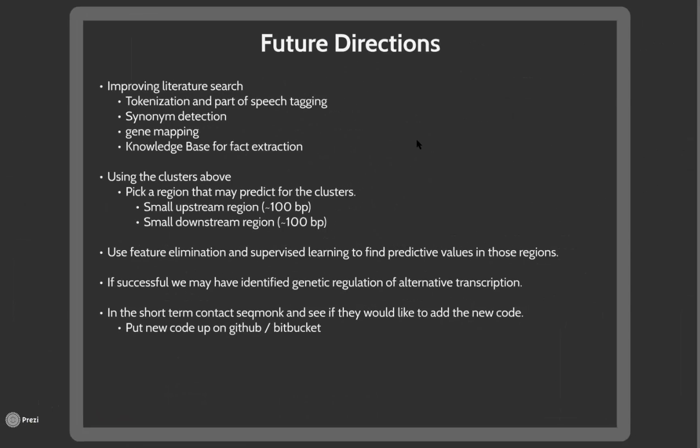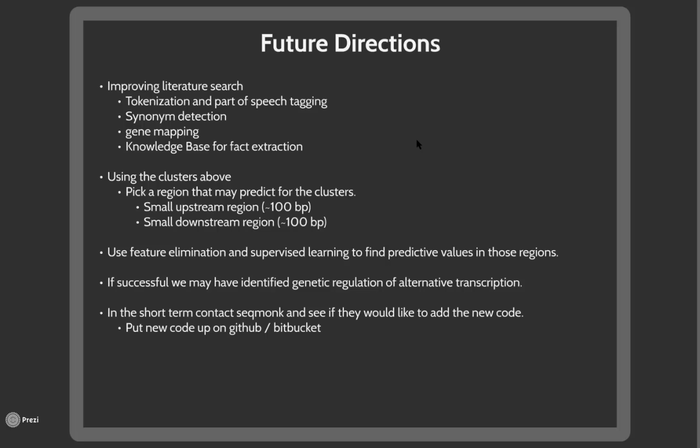In the future, I would like to improve the literature search by doing tokenization and part-of-speech tagging. We can use lots of packages for figuring out what part of speech each word is in a sentence, and we can actually pull out sentences that are related to our clusters of genes, perhaps finding the most descriptive top 10 sentences to give us a feel for what our clusters are.